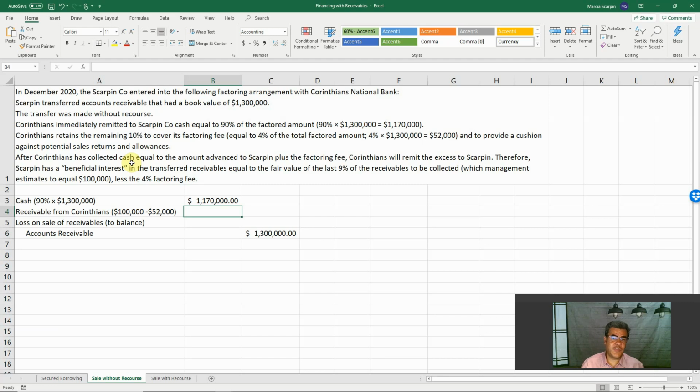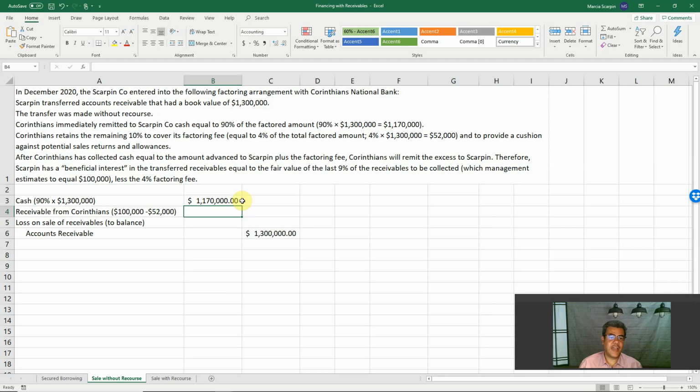Because Corinthians retained the 10% to cover its factoring fee equal to 10% of the total factored amount. So they retained $52,000 and to provide a cushion against potential sales return and allowance. We are not doing anything with this number yet.